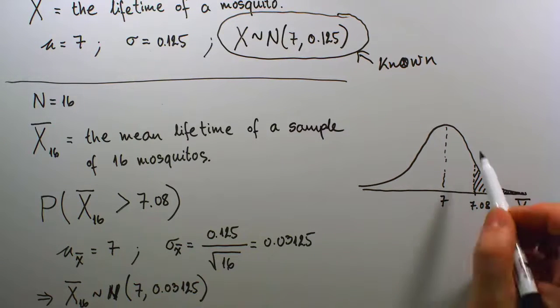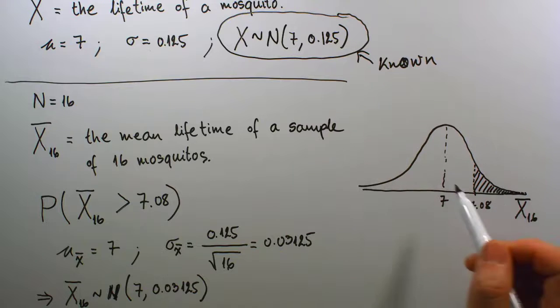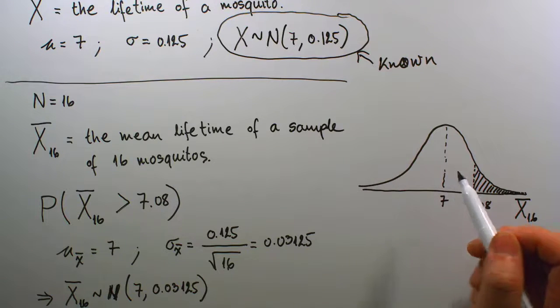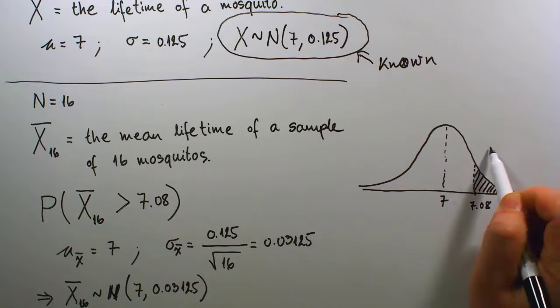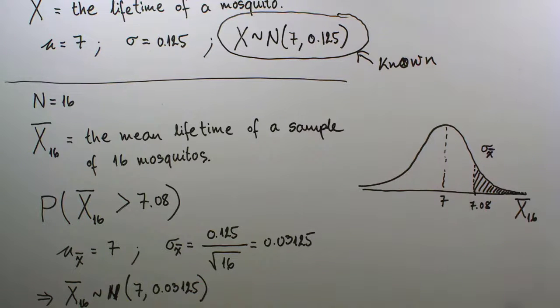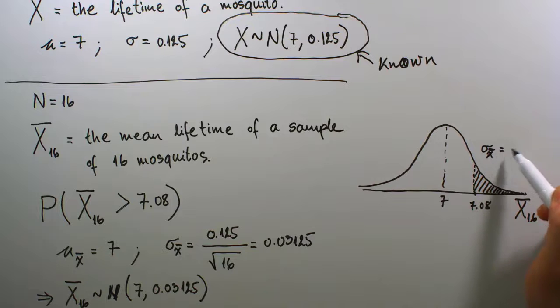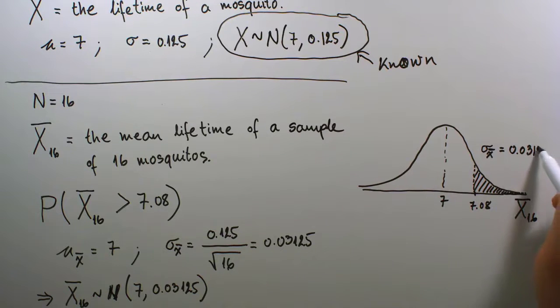And then again, this bell curve here, unlike the bell curve we have seen in part A, has average spread, symbolically sigma x bar, equals 0.03125.